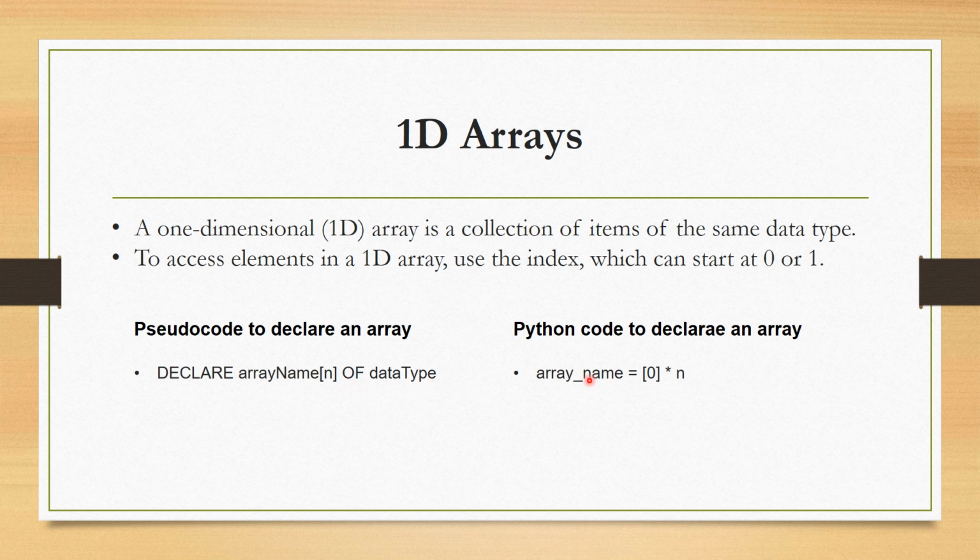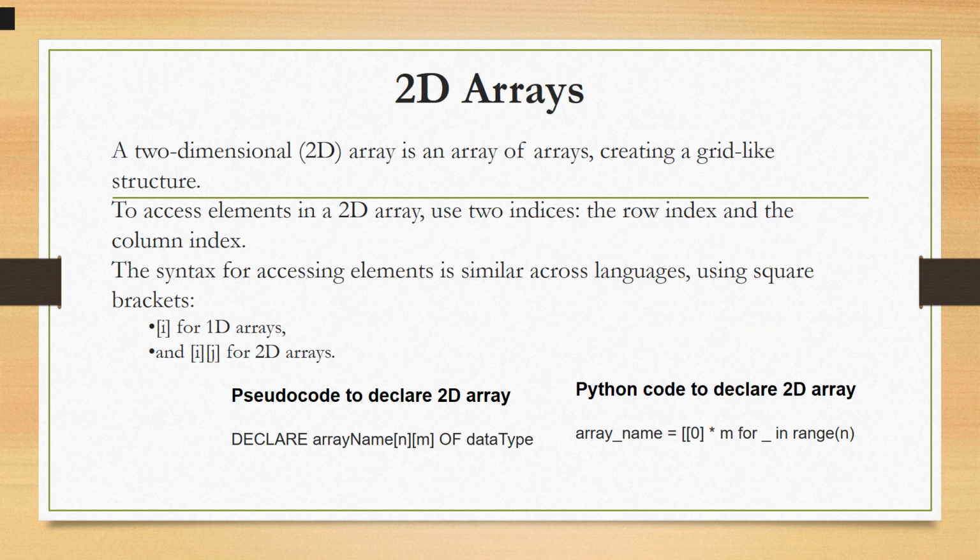In Python, we will declare an array as name equals [0] multiplied by n. We will be using these square brackets to specify the size of an array. A 2D array or a two-dimensional array is an array creating a grid-like structure.